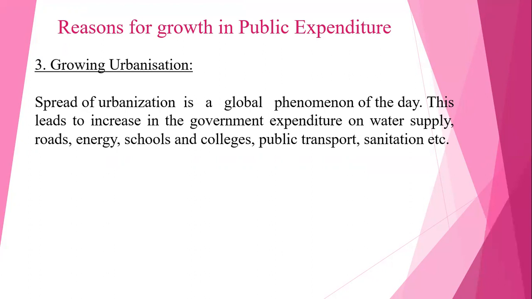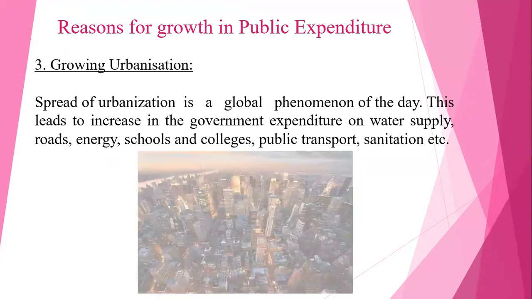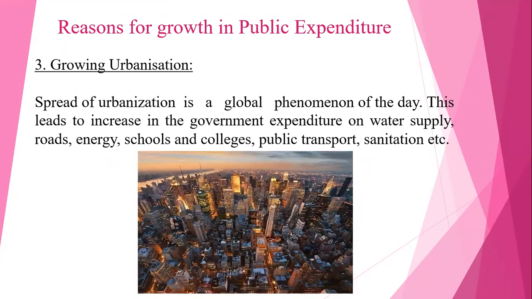New cities have come up and old cities are growing. Growing urbanization means huge expenditure on the provision of civic amenities and infrastructure like power, transport, communication, roads, and so on.